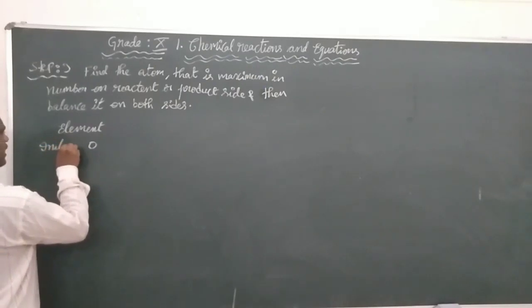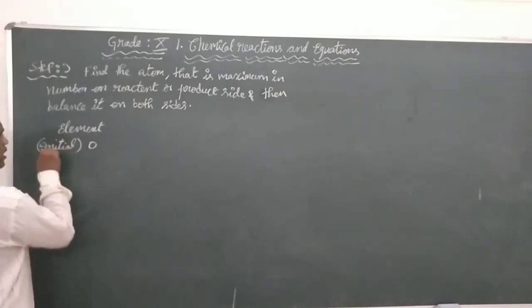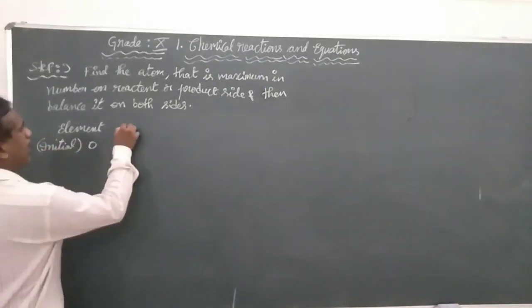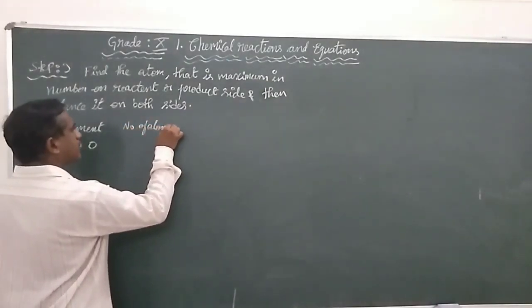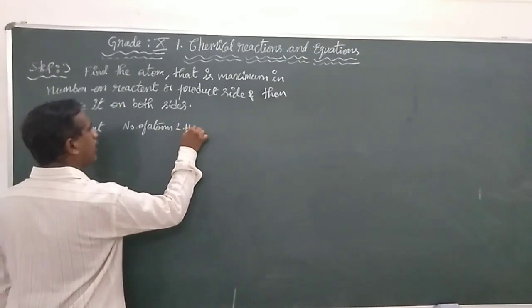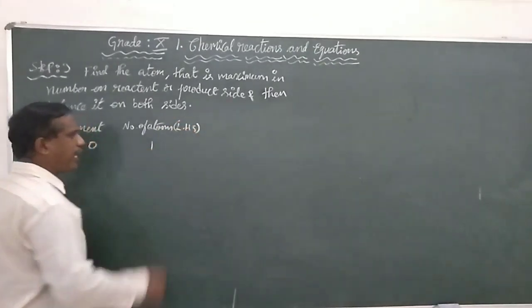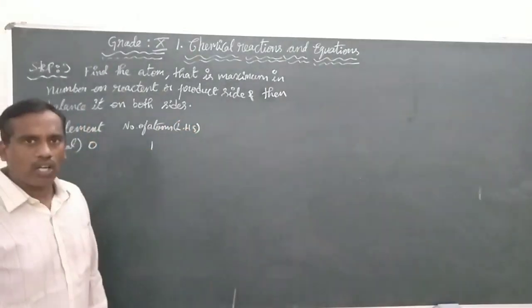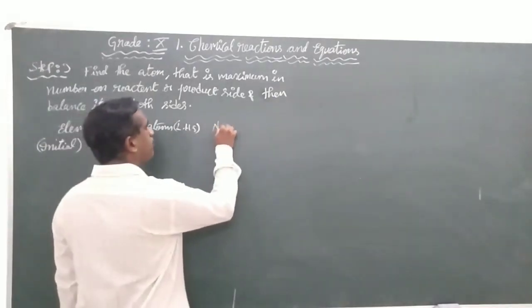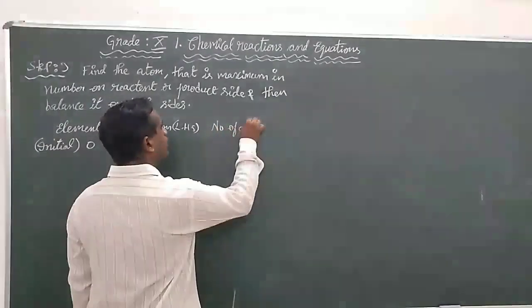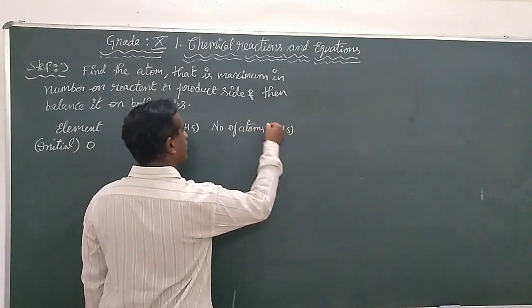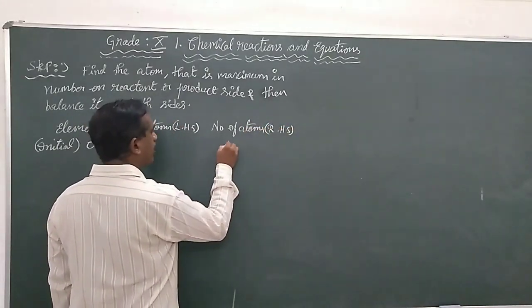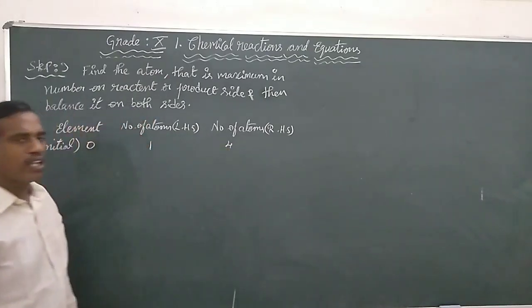So the element that we had identified is the oxygen. Initially, in the second step, will be our equation under consideration. Number of atoms on LHS, how many we had? We had only 1 oxygen. The same, number of atoms on RHS, how many did we find? We found 4.